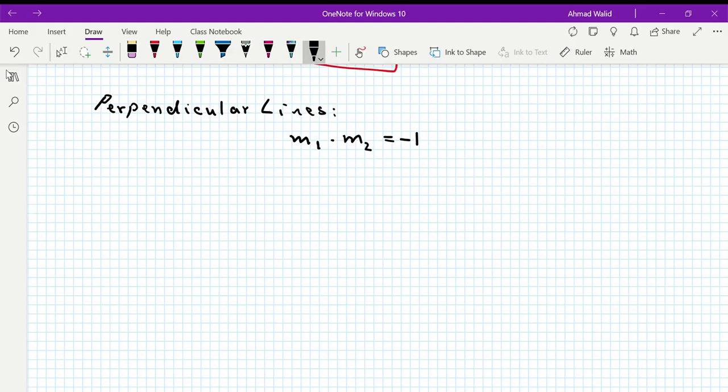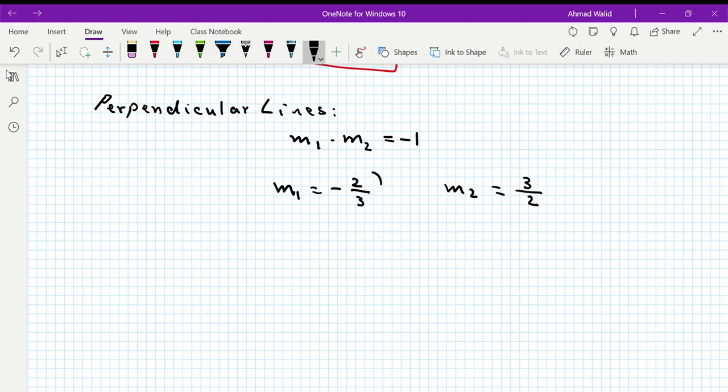Opposite reciprocal. For example, if the slope of line 1 is negative 2/3 and the slope of line 2 is 3/2, these two lines are perpendicular to each other. Why?